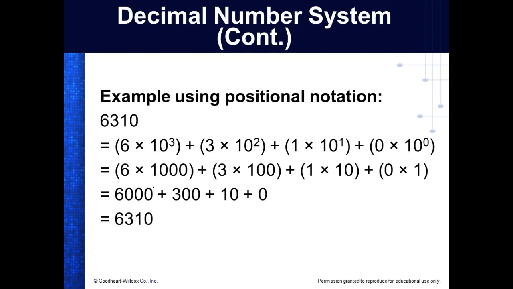Now what I've done here is we've taken this and converted it to the actual physical weight of this number. So 6 times 1,000 plus 3 times 100 plus 1 times 10 plus 0 times 1. Right? You understand? And then we add all of them together, and that is called writing a number in positional notation. If you understand this, guys, you can make up a base.